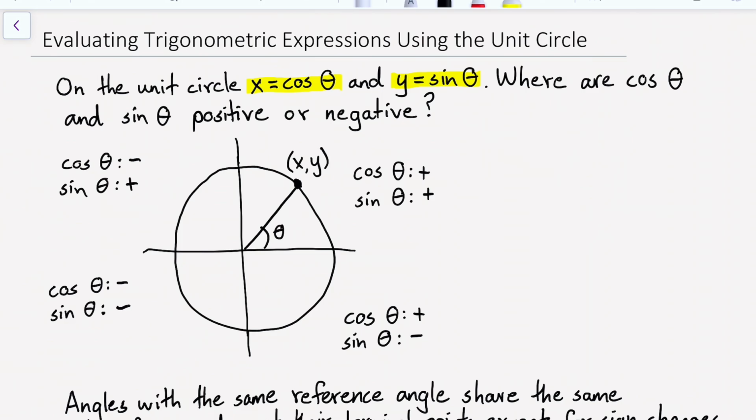We also need to note that angles with the same reference angle share the same values for x and y at their terminal points, except for possible sign changes. Here's what I mean by that.